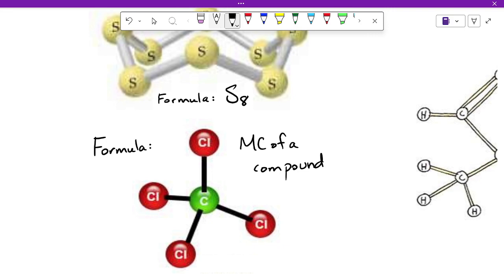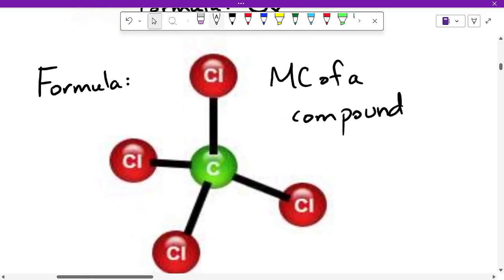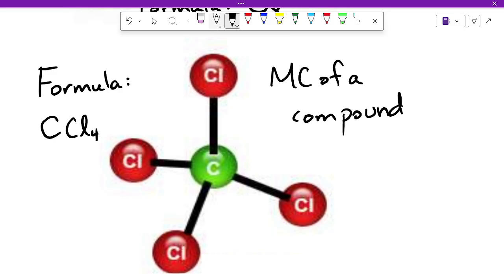Sometimes it's hard to tell, but usually if you have one in the middle, that one comes first. So we're going to have C, and then Cl4. So this is CCl4.